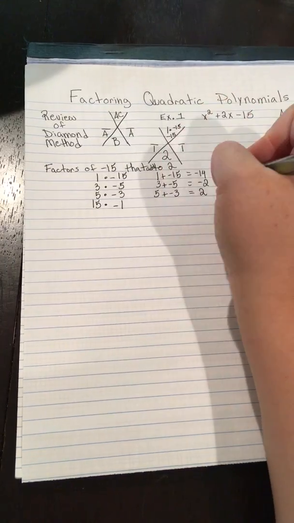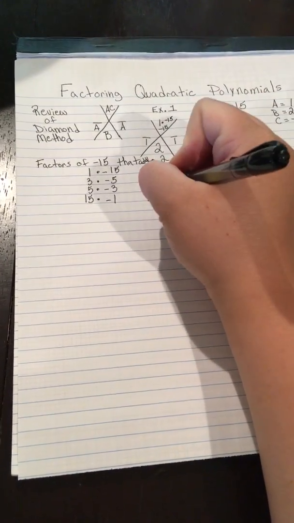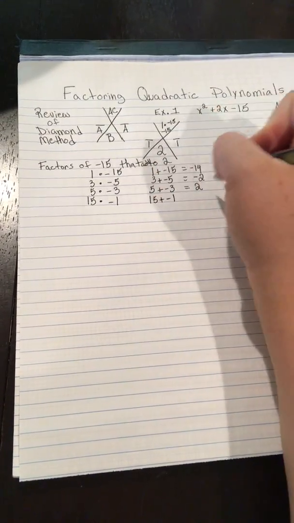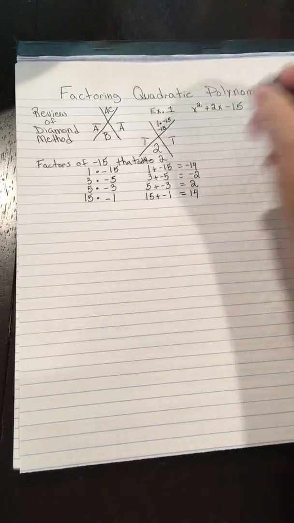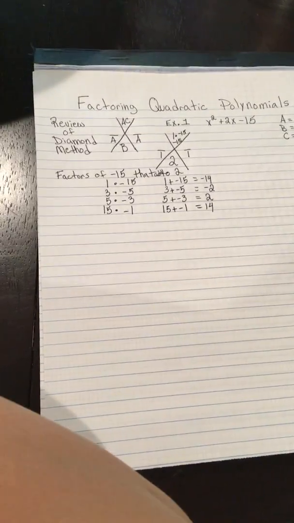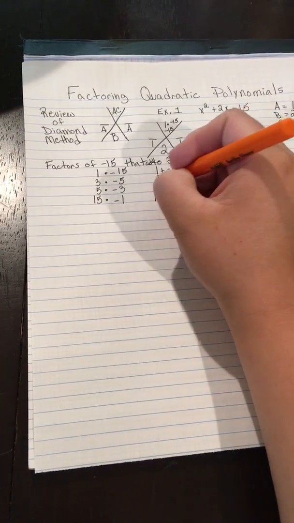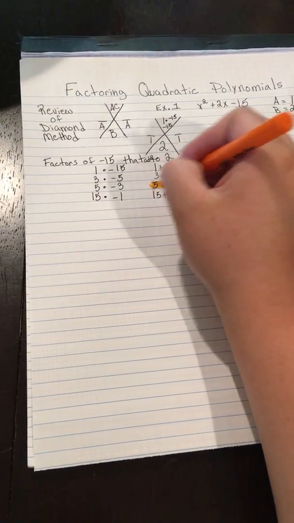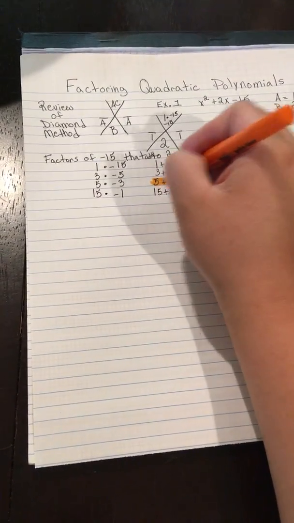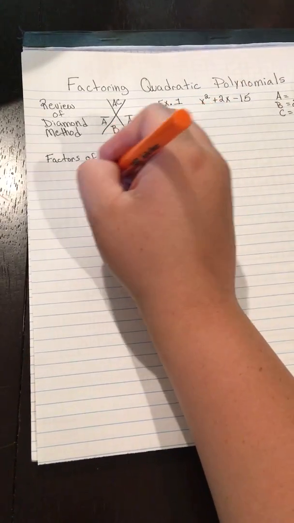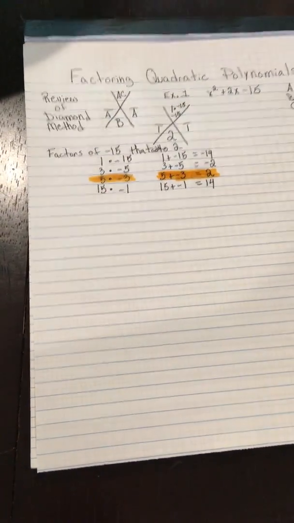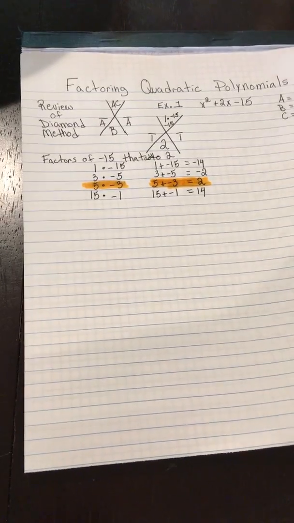And let's continue on just so we don't lose a number. 15 plus a negative 1, well, that's a positive 14. So our two factors are 5 and negative 3 because they multiply to give us negative 15 but add to give us positive 2.